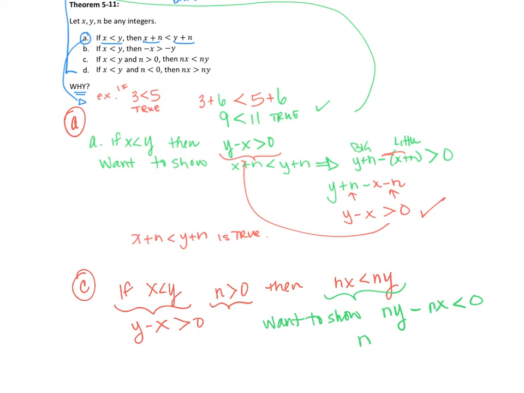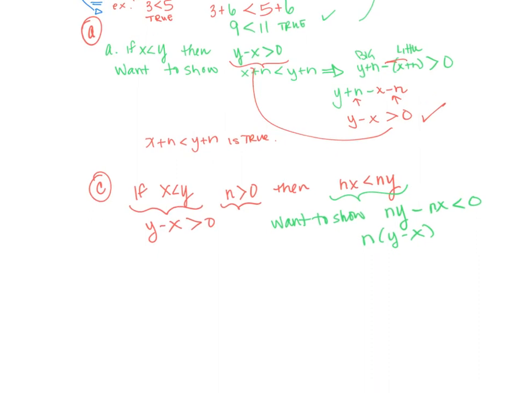Well, this is just n times y minus x. And we already know that y minus x is bigger than 0. That's what that statement already says. And we know that n is greater than 0.